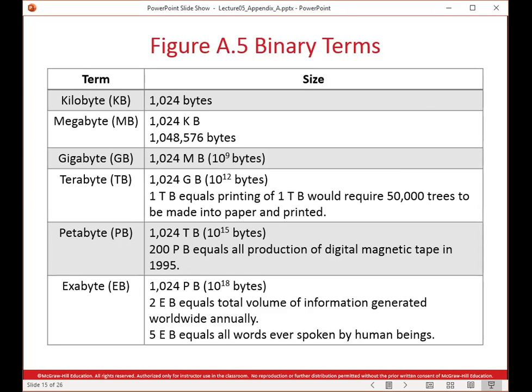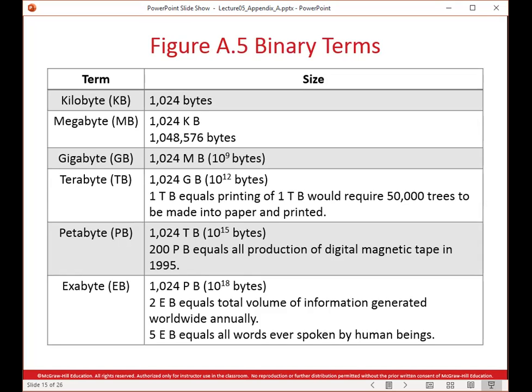So here are the binary terms that we use to designate the capacity of memory and also disk storage. We started with the PC back in 1981. We were talking about memory in terms of kilobytes and megabytes, like 10, 5, 10, and up to 20 megabytes for disk.